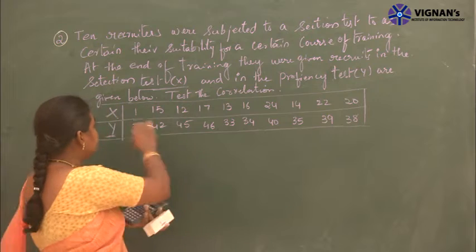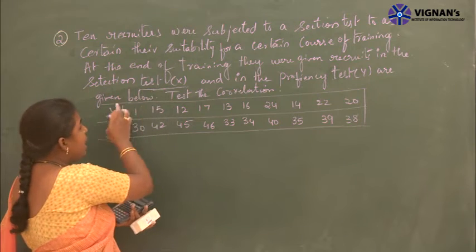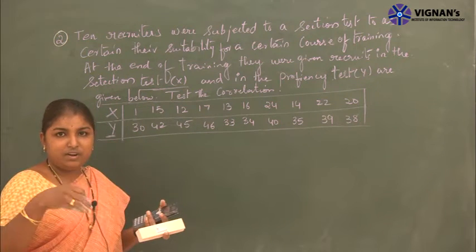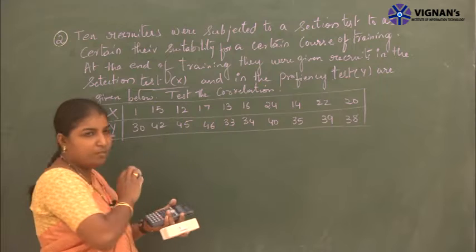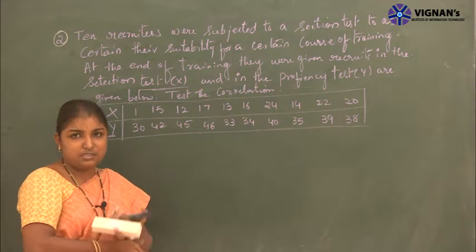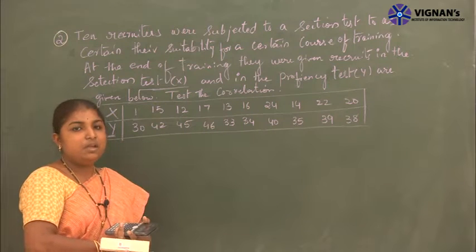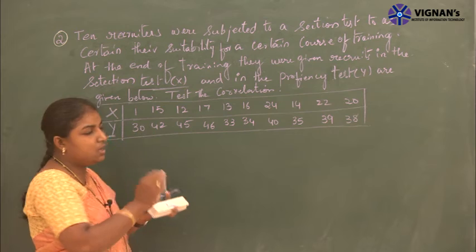So X values are the test, and Y values are what they are performing after the training, that means the proficiency test. Now we want to test the correlation.